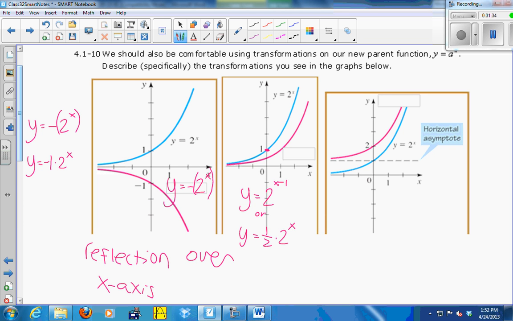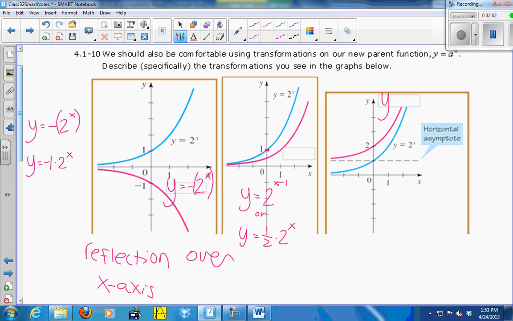Right, in this last one, remember the original's in blue, transformations in pink. This time, the asymptote moved. Right. The pink line approaches this dashed line as opposed to the x-axis. So what transformation do you think happened? Vertical shift, up 1 unit.